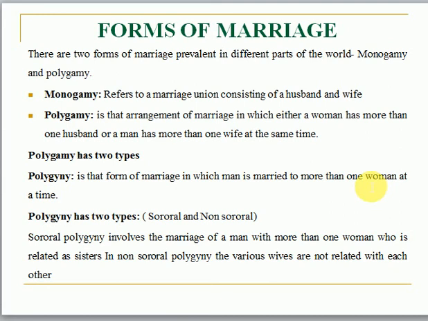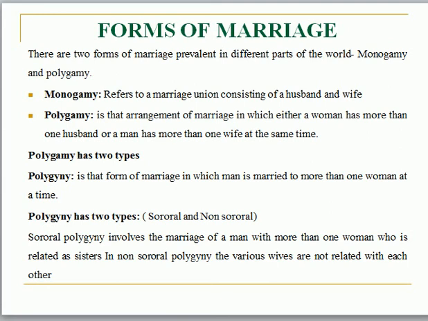Polygyny itself has two types. One is called sororal, another is called non-sororal. Sororal polygyny involves the marriage of a man with more than one woman, where all the women are related to each other as sisters. While in non-sororal polygyny, the various wives are not related to each other; they are not sisters to each other.